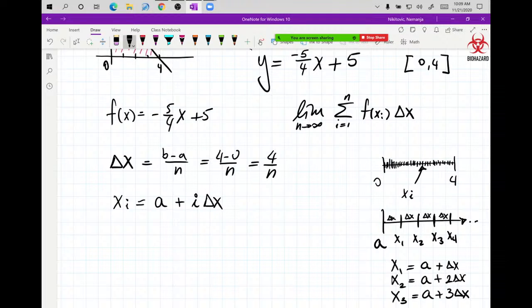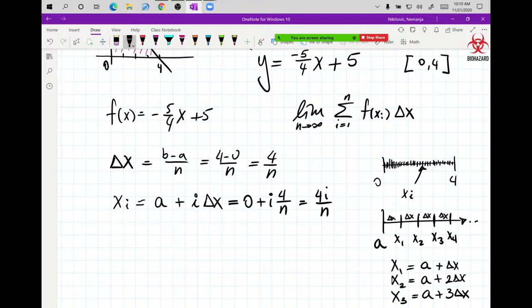Oh, okay, well, I have a counter, 1, 2, 3, 4, 5. Well, that's labeled as i. And then delta x everywhere, whatever delta x is, in our case, 4 over n. So my a is 0 plus i times 4 over n, which works out to be 4i over n. So I have my xi.